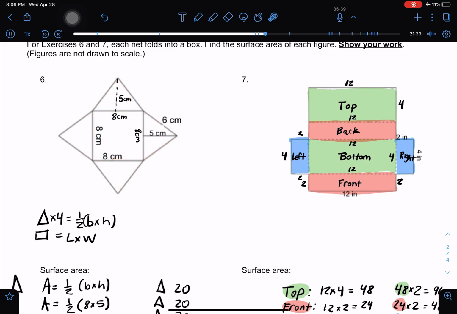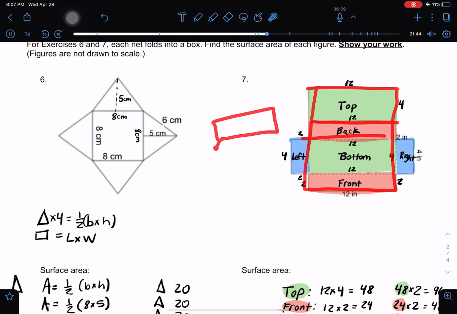It is kind of obvious that if you have 6 rectangles, those are going to fold up and give you a more boxy 3D object versus that pyramid that we're looking for.